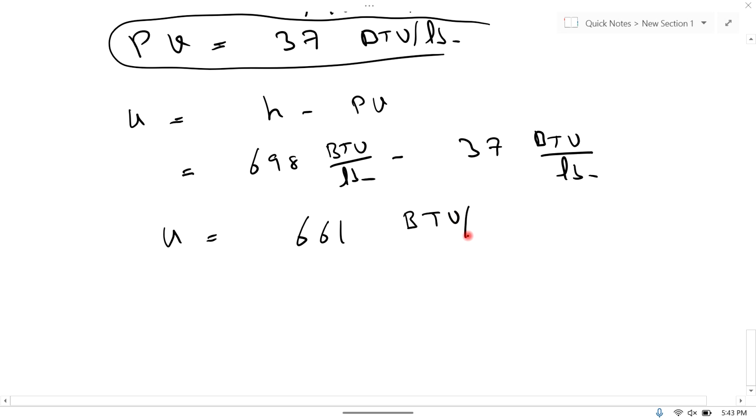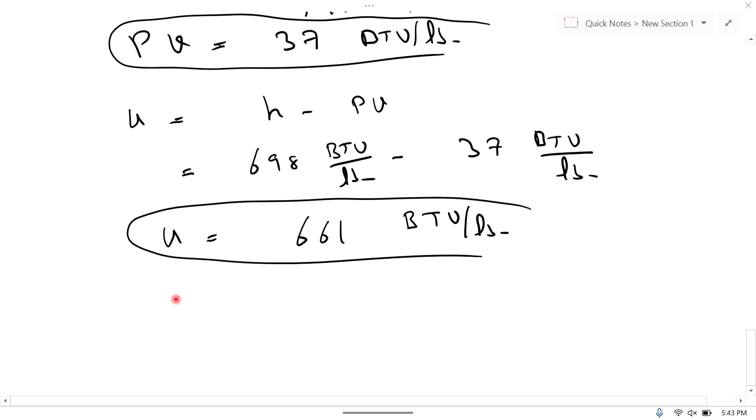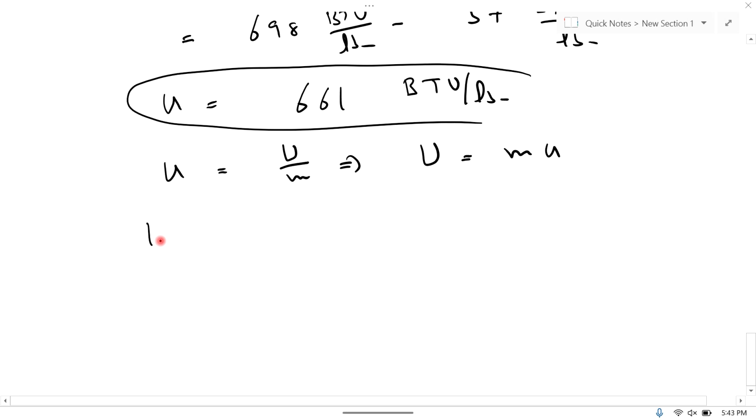BTU per pound mass. But we have to find total internal energy, as specific internal energy is equal to total internal energy divided by mass. So total internal energy is equal to mass multiplied by specific internal energy. So U is equal to M, which is 1 pound mass already given to us, times specific internal energy, 661 BTU per pound mass.